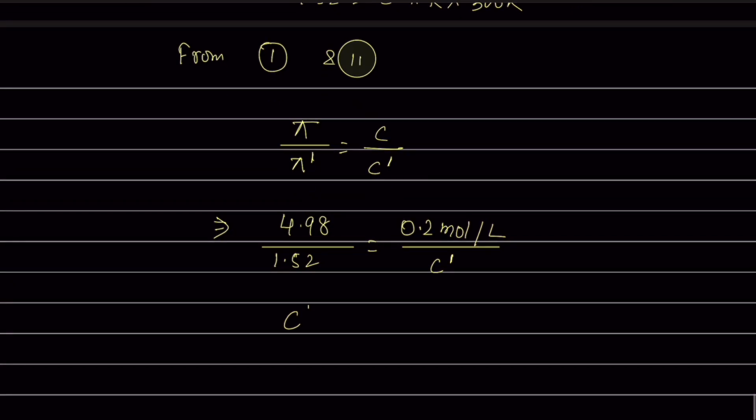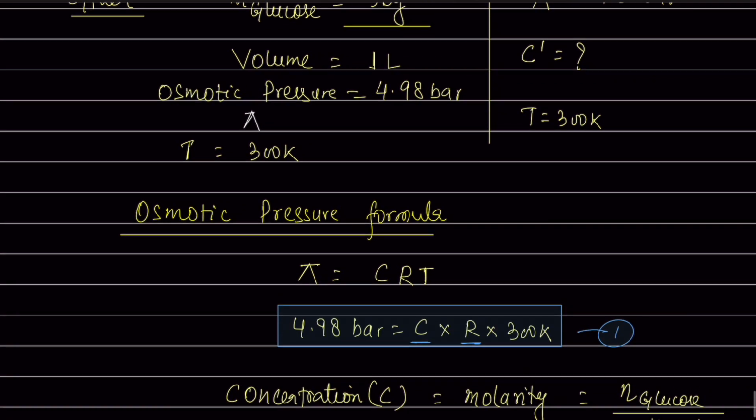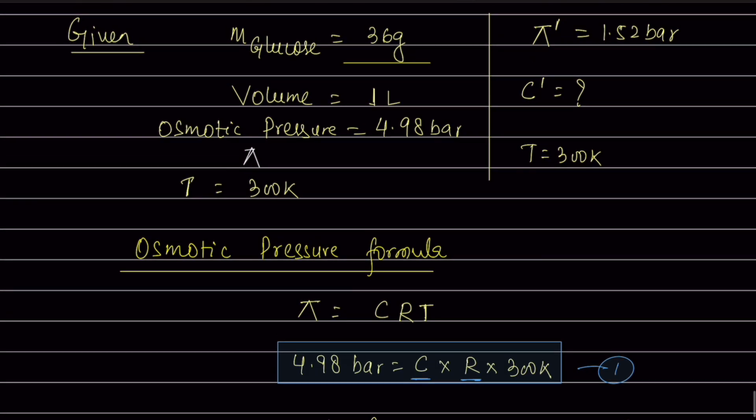So C dash is equal to 0.2 into 1.52 divided by 4.98. It is equal to 0.061 mole per liter. So we got the new concentration when our osmotic pressure is 1.52 bar. So this is the answer of this question.